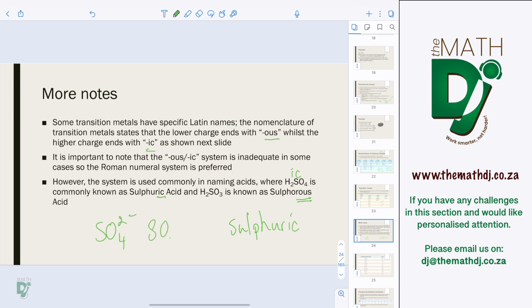So this is sulfate, and this is sulfide, if I'm not mistaken.